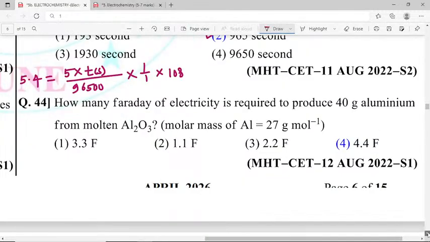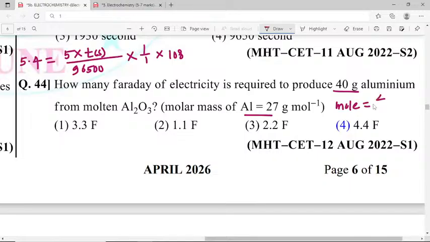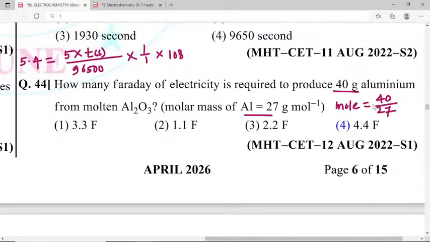How many Faradays of electricity are required to produce 40 gram aluminium? So 40 gram aluminium, and this is the molar mass. So mole is equal to 40 divided by 27. First calculate the mole, and then Al2O3 gives Al3+.